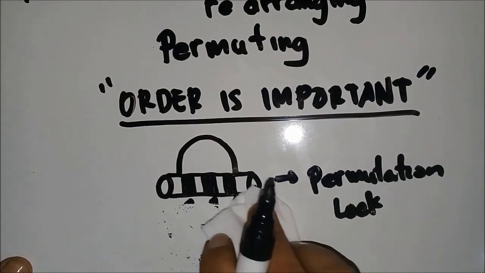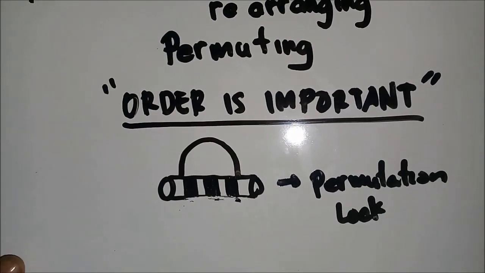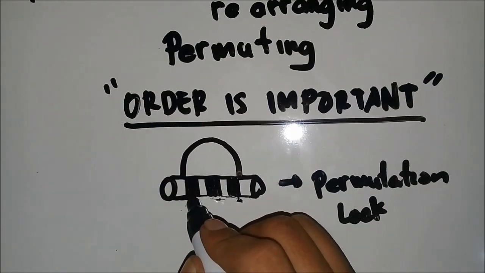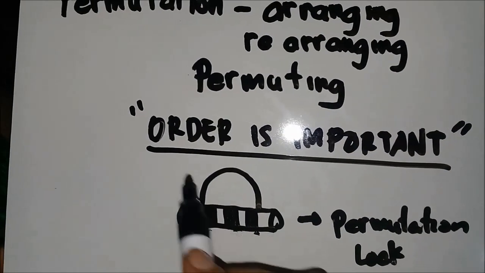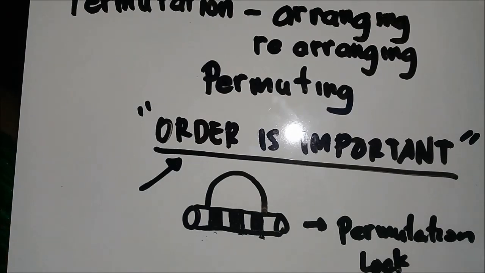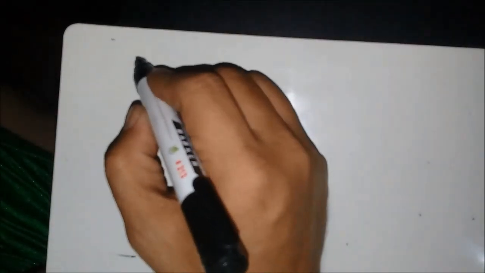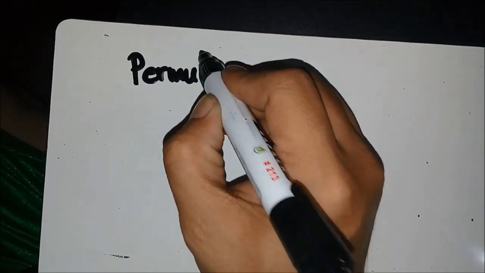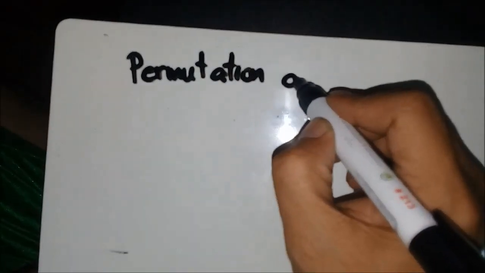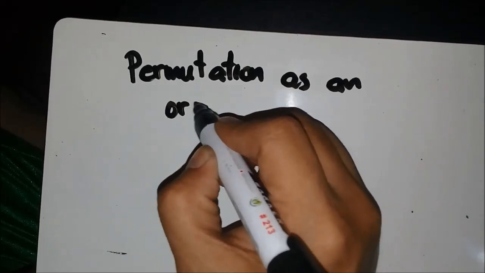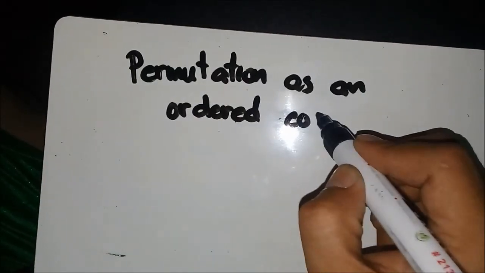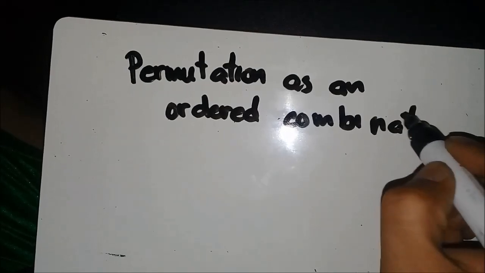So, I would like to emphasize that in permutation, order is important. Some mathematicians call permutation an ordered combination.